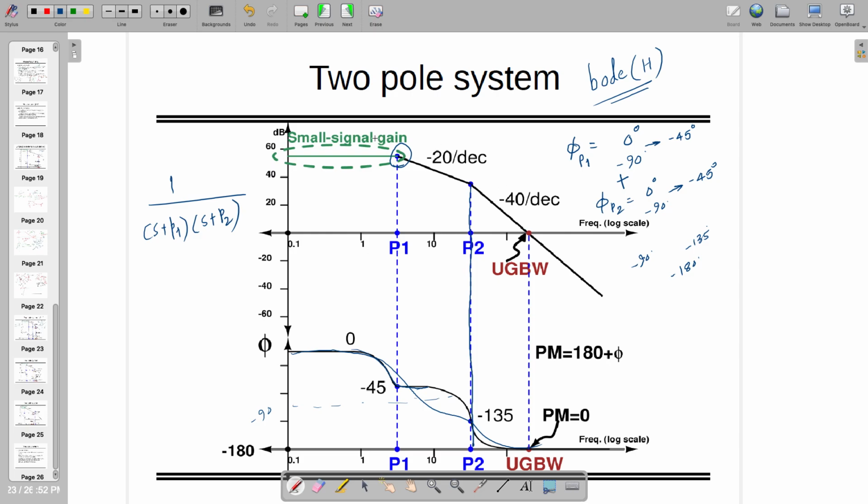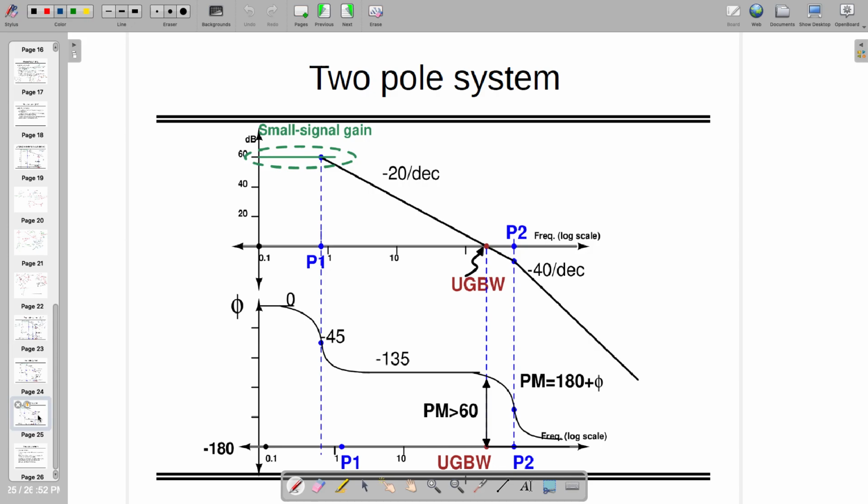But if there is one pole inside, and let's assume that pole number 2 is somewhere a little bit above UGBW, then it will start contributing afterwards and your phase margin is better. Maybe we'll talk about this tomorrow, not today, but this was just to start explaining how the system becomes stable and unstable. Are you following this using phase?